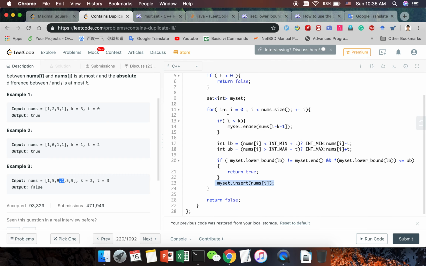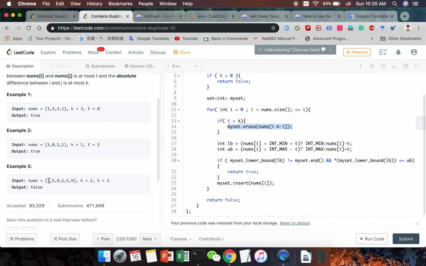Then we consider another number 1. However, the index of this 1 is 3, so it is beyond the first window size. So we need to erase the first number 1.